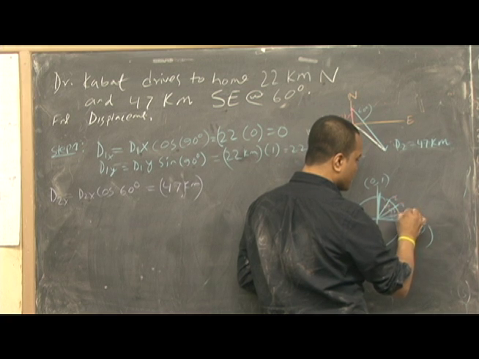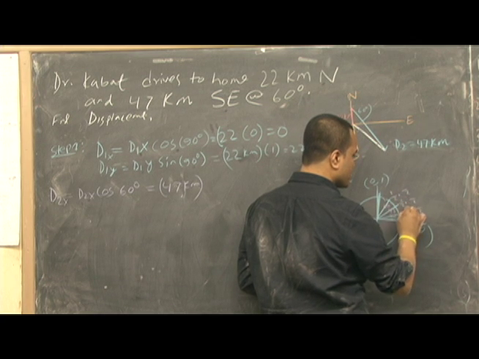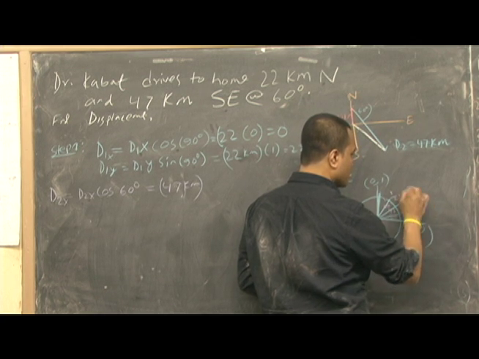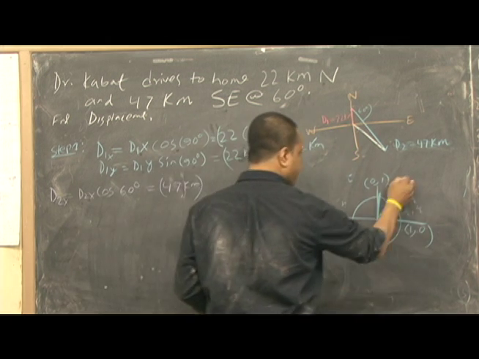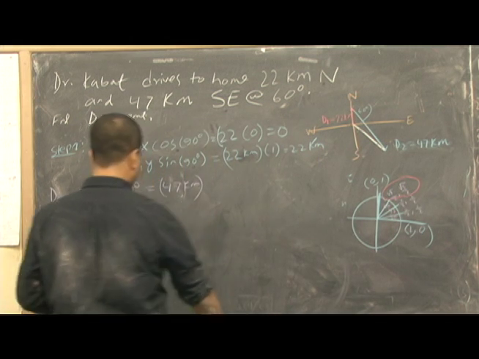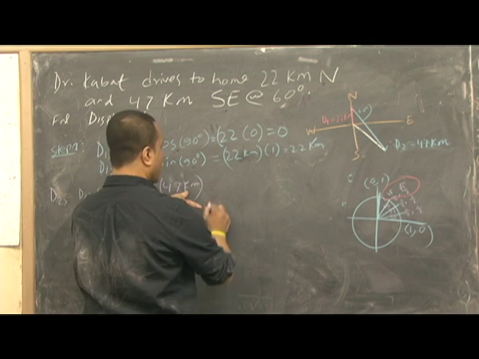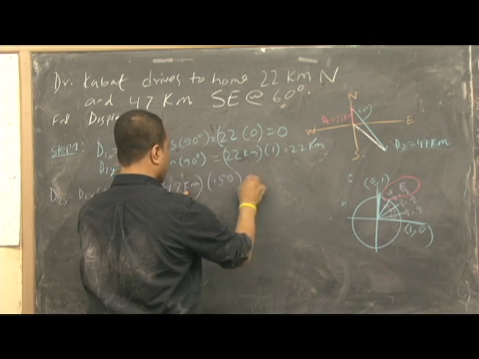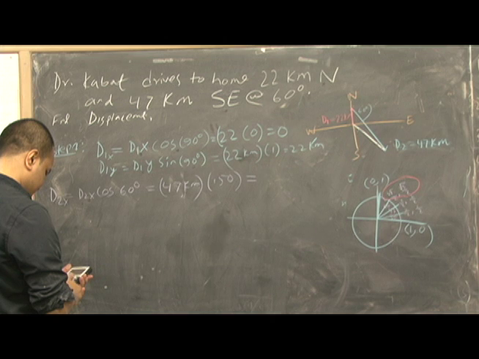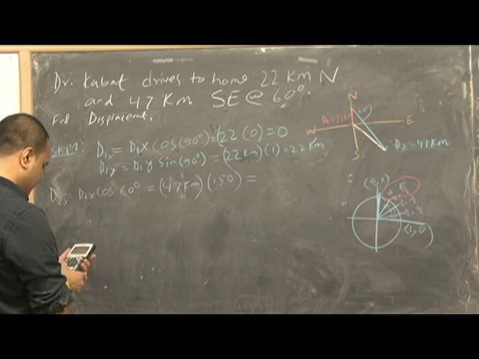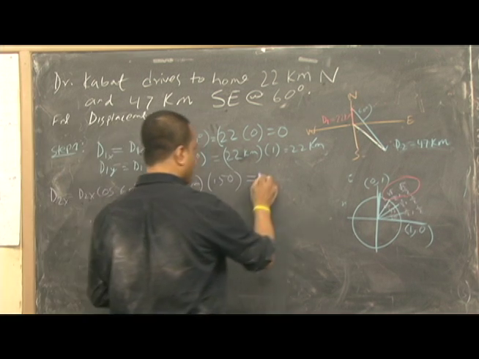So cosine 60 degree is actually 0.50. So 47 times cosine 60 degree is 23.5.